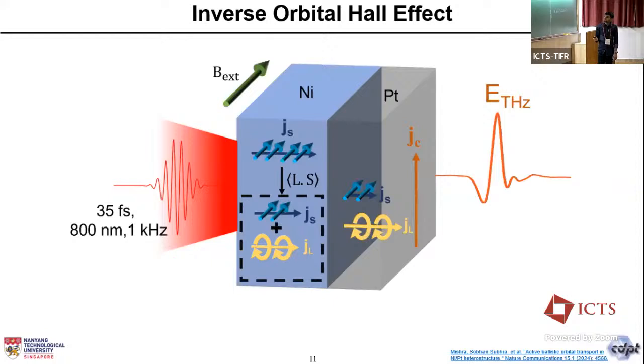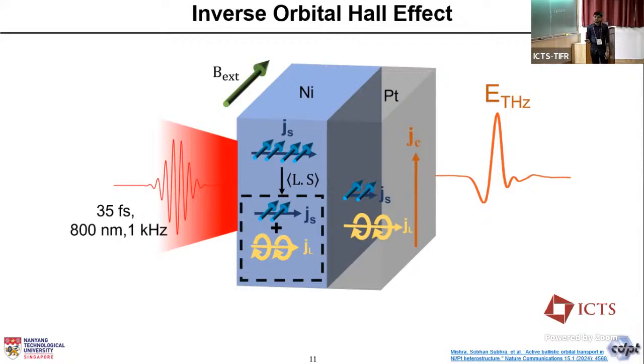So in short, what is happening here? When we are photoexciting nickel with ultra fast laser, we are creating spin current, as I explained earlier. But since nickel is a high spin orbit coupling ferromagnet, some of the spin current will be converted into orbital polarized current. As expected, this spin current will super diffuse into the platinum layer, stop at 1.2 nanometer, and convert into terahertz.